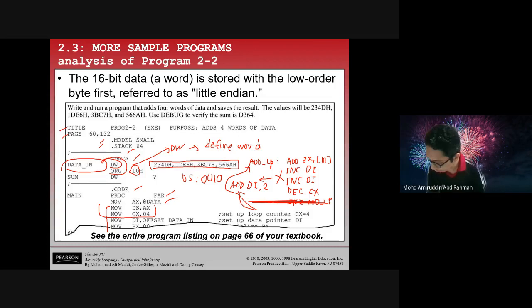All right, so that's JNZ. After that, we put the MOV SI, as before, offset sum. Okay, so now sum is added to SI.